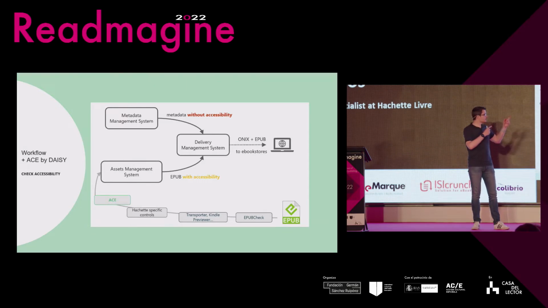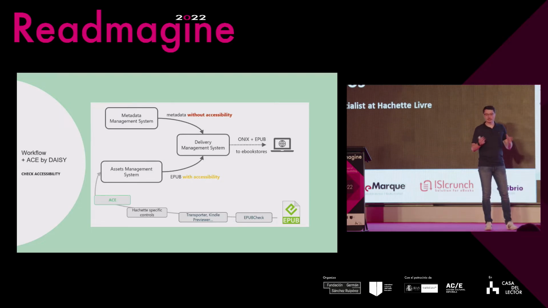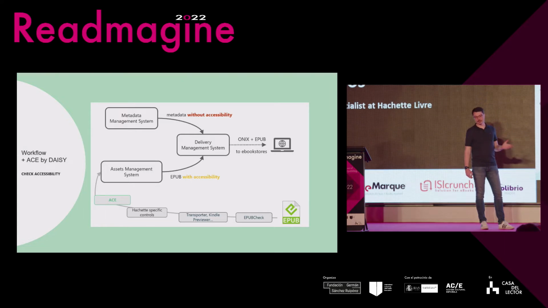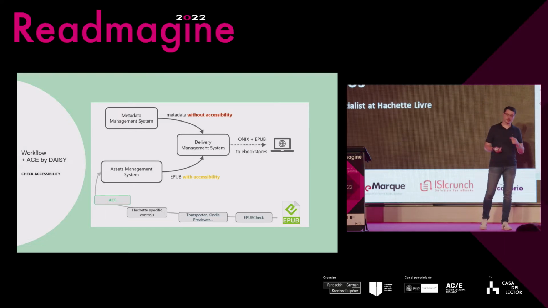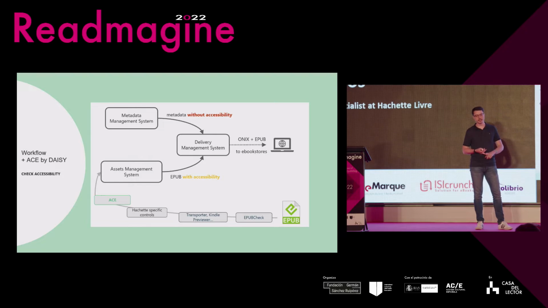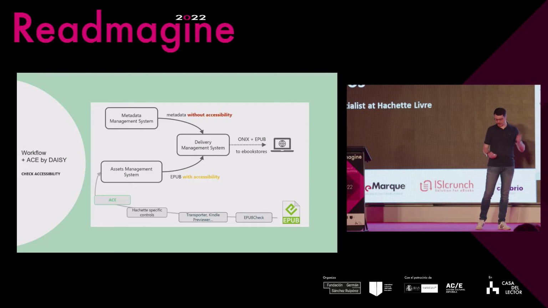But if you check the metadata management system, we don't have accessibility information inside our metadata system because it was not able to manage accessibility at that time. Because it was expensive, because there's a specific roadmap internally for that, and so on and so on. So for now, we have EPUB with a certain level of accessibility, and we don't have accessibility metadata in ONIX.